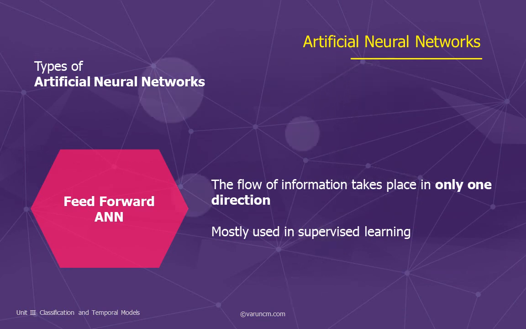In the feed forward network, the flow of information is in only one direction. Mostly in supervised learning you will be using the feed forward network, because from the training data you are going to learn and predict. So mostly in supervised learning you will use it, where the flow of information takes place in only one direction.